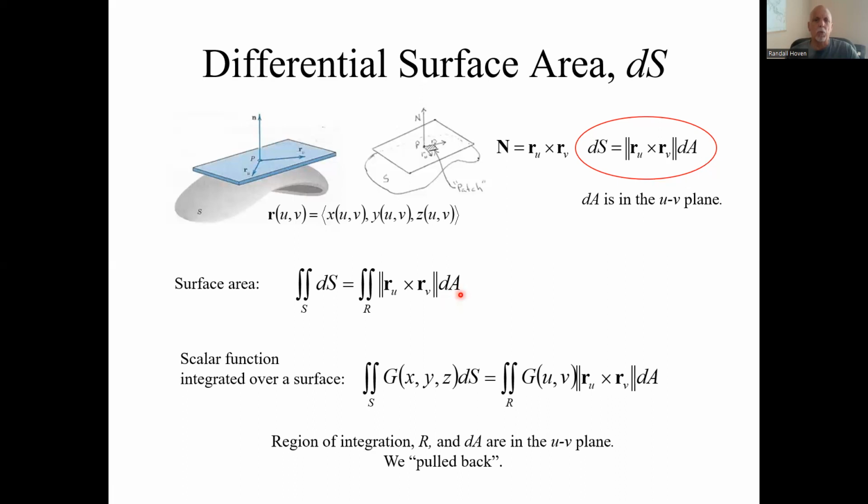So we parameterized everything. And if you wanted to integrate a scalar function over its surface, you just insert that function in this integrand, convert it to your parameters u and v, and this is what the integrand would become.